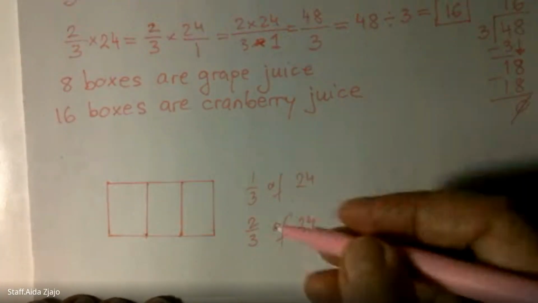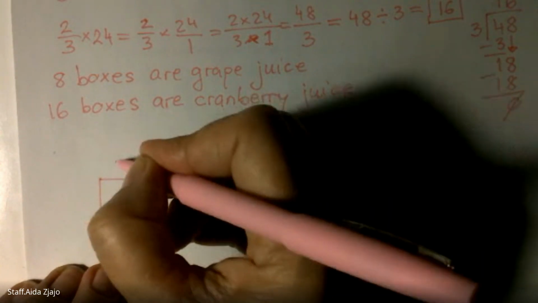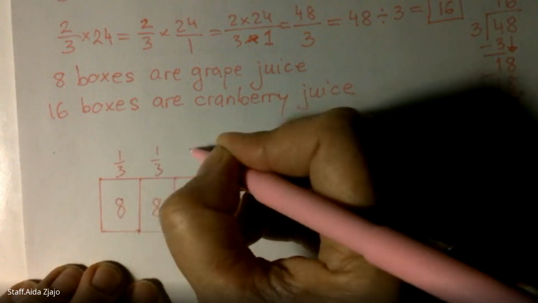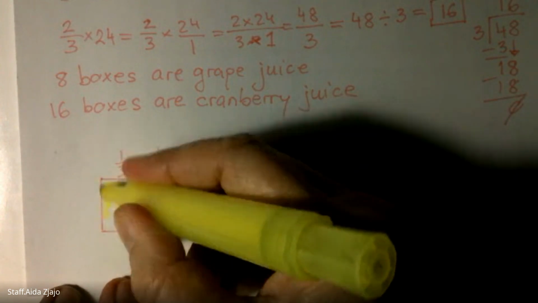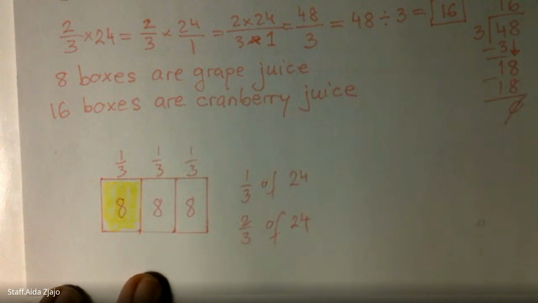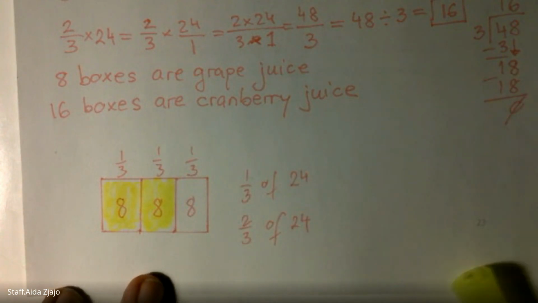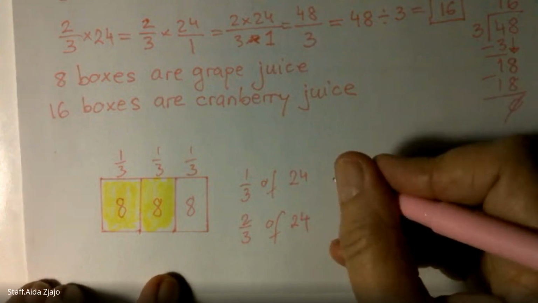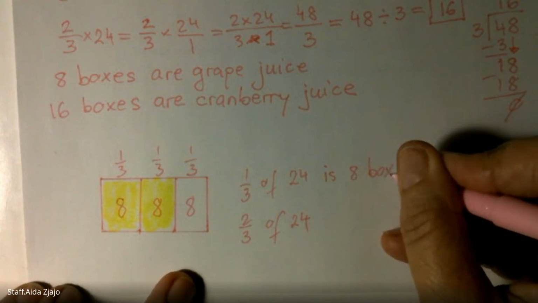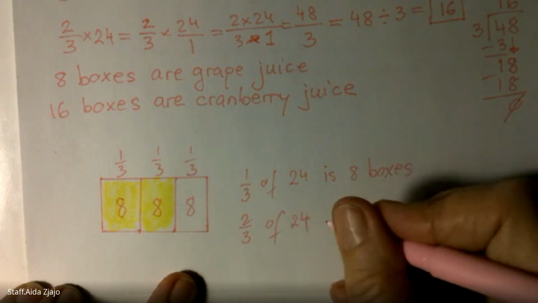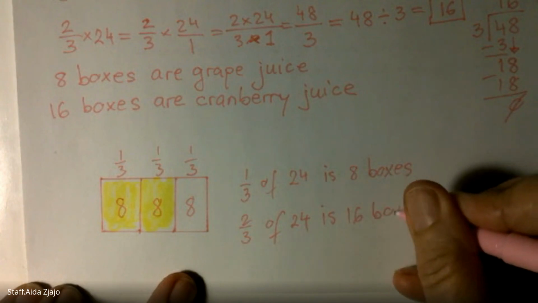And each piece will represent 3 times 8 is 24. So 1/3, 1/3, 1/3. As you can see, 1/3 is 8 boxes, and 2/3 is 8 plus 8 is 16 boxes. So that's an easier way. 1/3 is 8 boxes and 2/3 of 24 is 16 boxes.